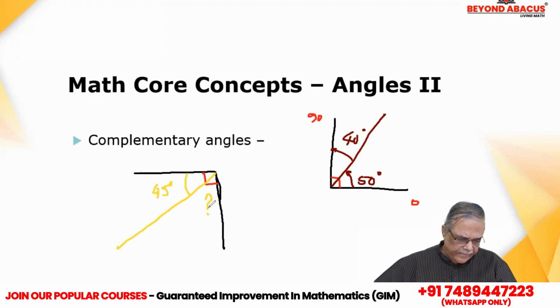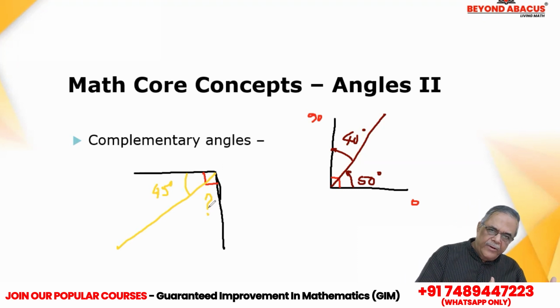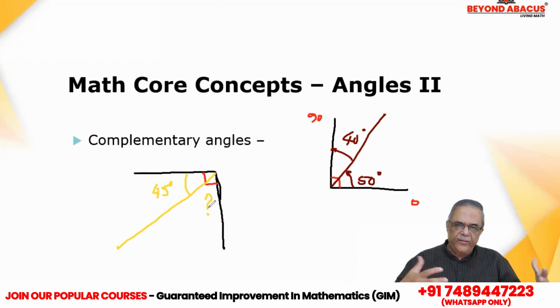How much will be this? 90 minus 45. Why? Because they are complementary. When you are going from 0 to 90 and you already reach 45, how much more you have to reach? Another 45. So this is the notion of complementary angles. So two angles are complementary if they add up to give you 90 degree in all.